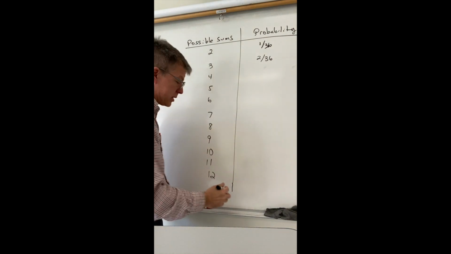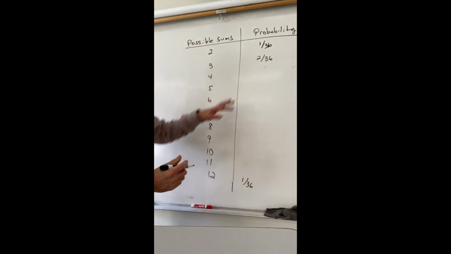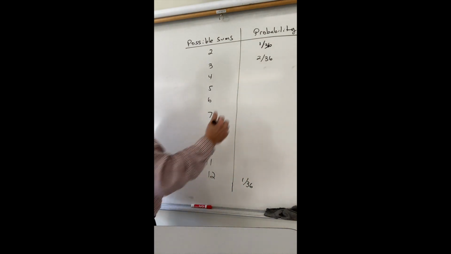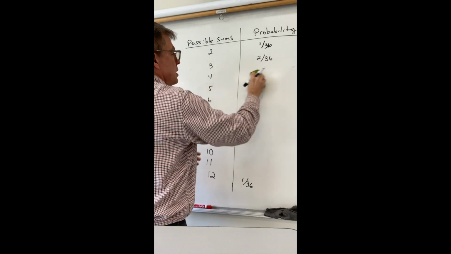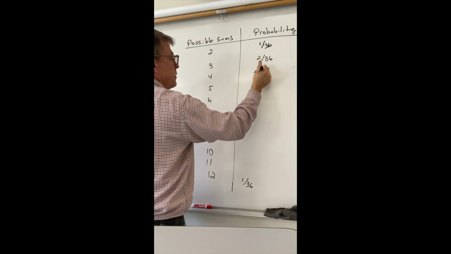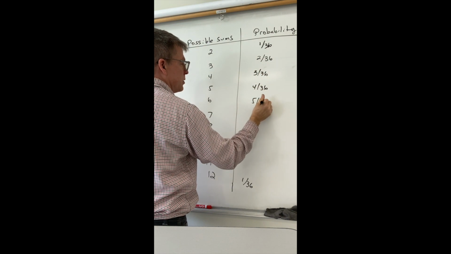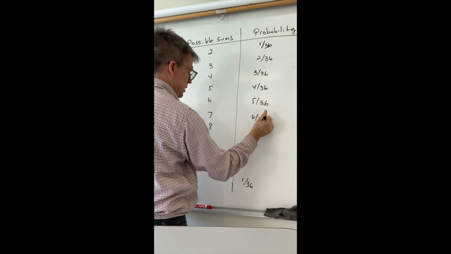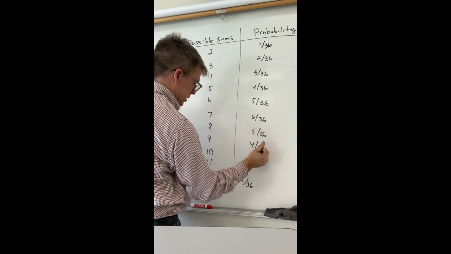There's only one double six over there, so this is 1/36, okay? And you can fill out all the rest of these. I happen to know what they are here, so I think I'm just gonna finish them. This is 4/36, 5/36, 6/36, 5/36, 4/36.